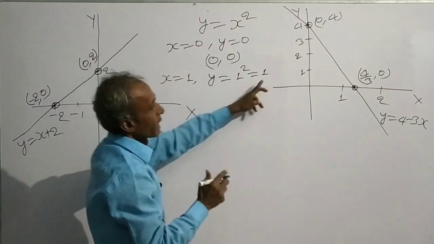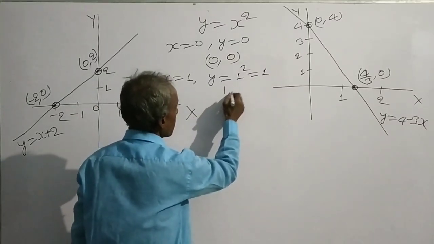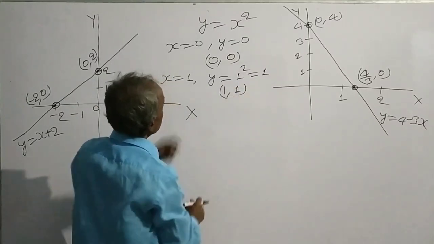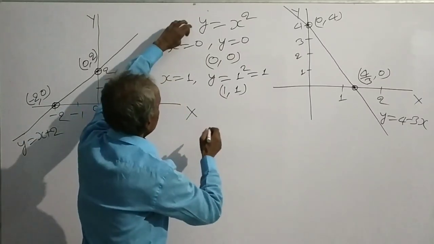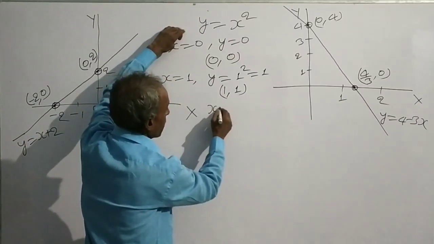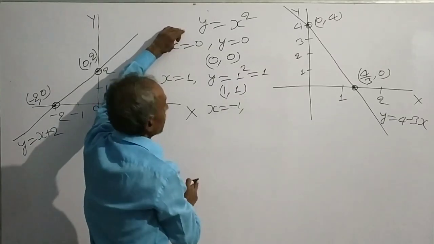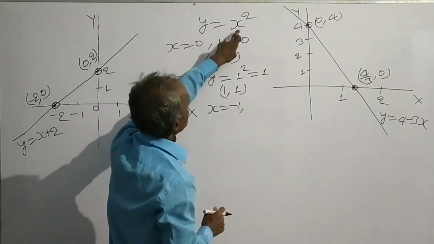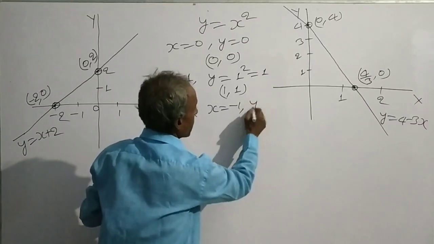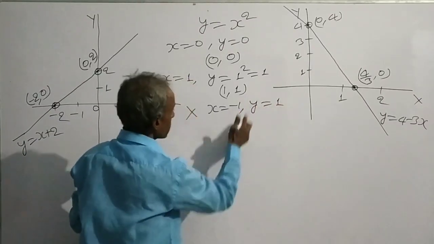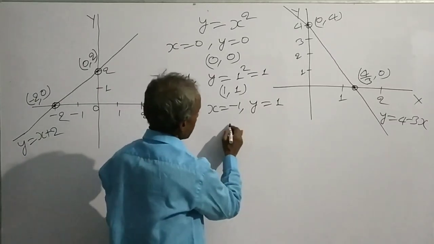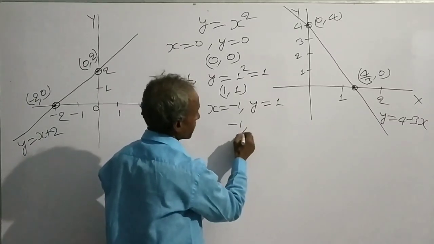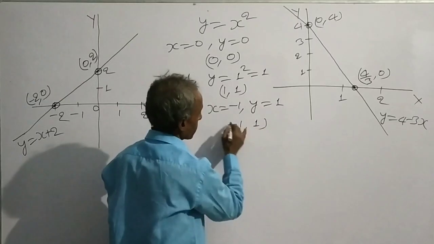That means x coordinate 1, y coordinate 1 will be a point lying on this curve. When we put x is equal to minus 1, we get y is equal to minus 1 square, that means 1. Therefore, there will be a point whose x coordinate is minus 1, y coordinate is 1.